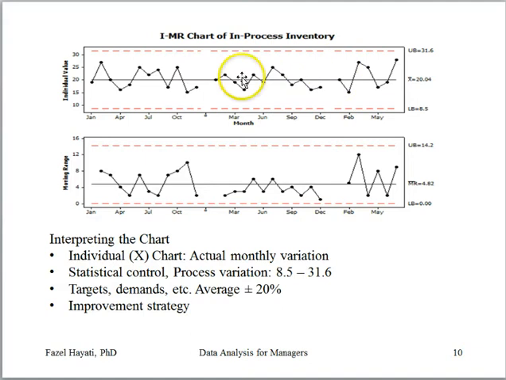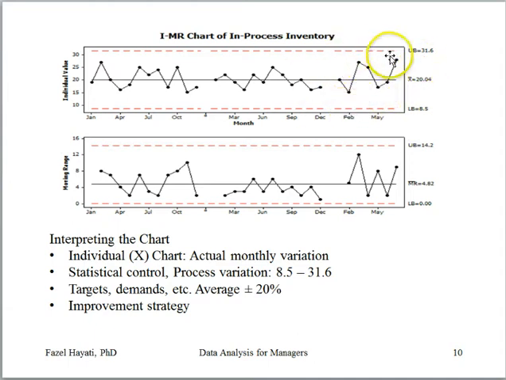Therefore, we say that this process manifests common cause variation, and all the points within upper and lower control limits are affected by the same system of causes. To interpret this chart, we say that based on our previous data on the last several in-process inventory, the monthly in-process inventory average is 20 tons, and the process manifests a variation that can fluctuate between 8.5 to nearly 32 tons monthly.